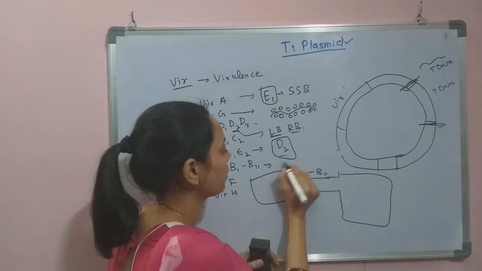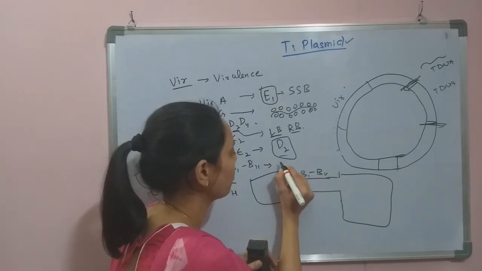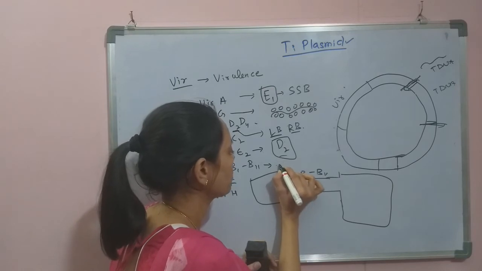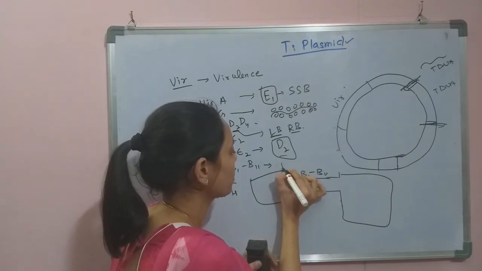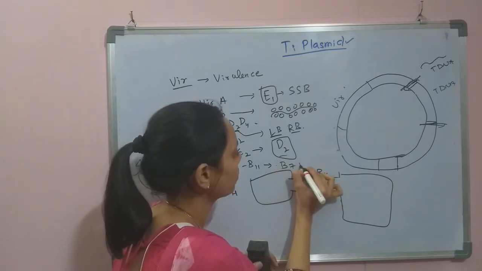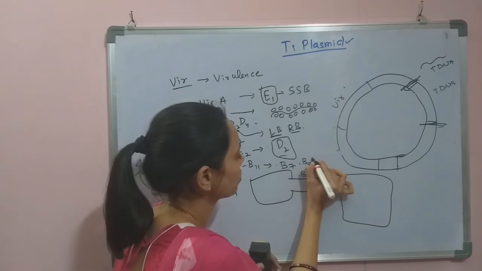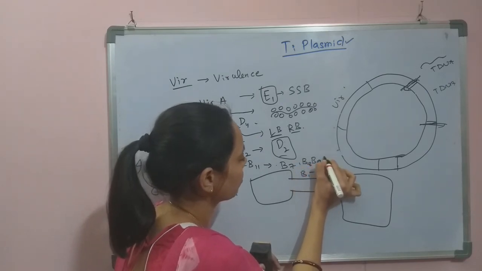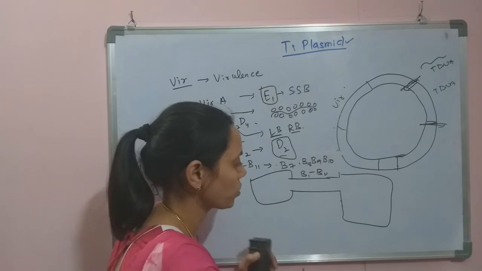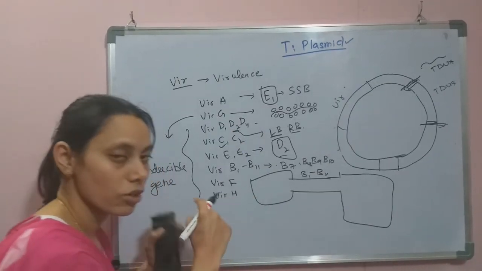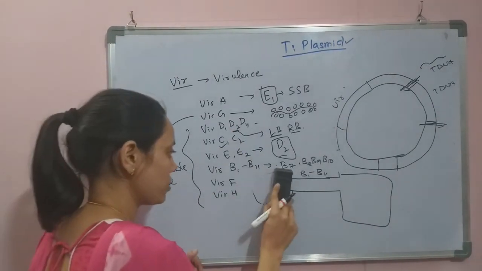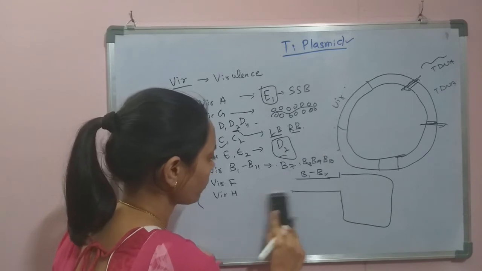So basically there are 11 types of proteins, but majorly B7, B8, B9, B10 are responsible for the production of this transferring mechanism.